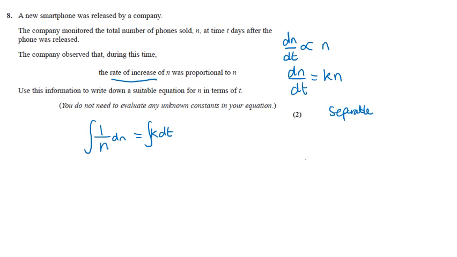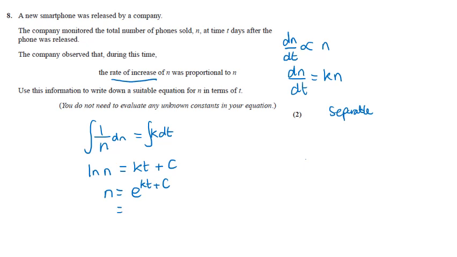So 1 over N integrates to the logarithm of N, and k is just a constant, so if we integrate that we get k times t and then plus our constant of integration. To get rid of the logarithm we need to exponentiate both sides, so we get N is equal to e to the kt plus c.